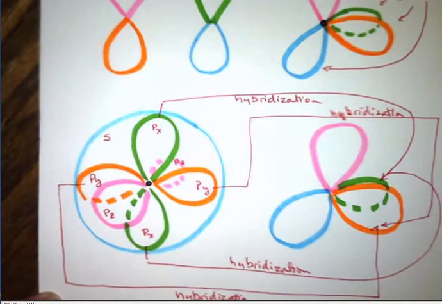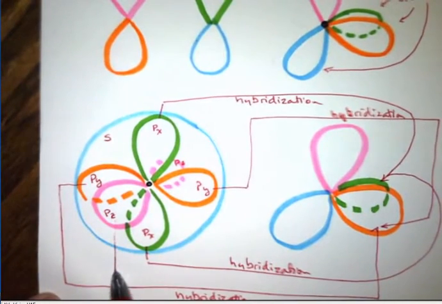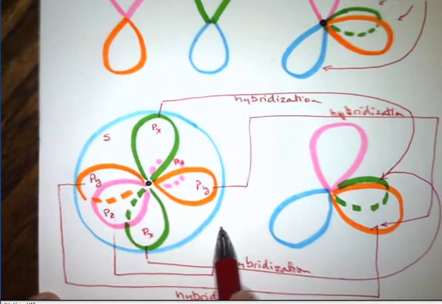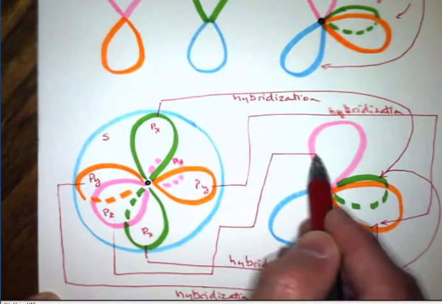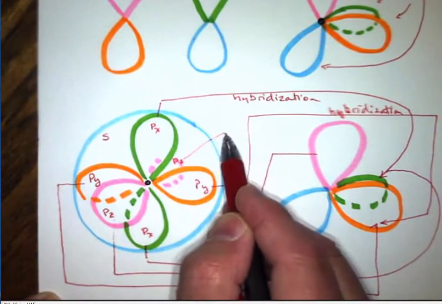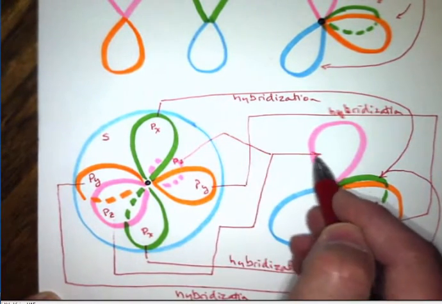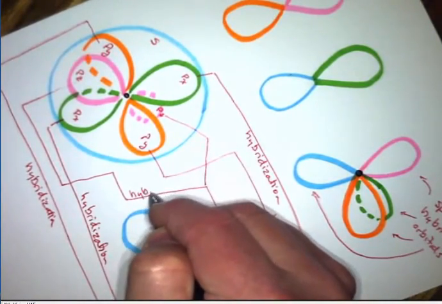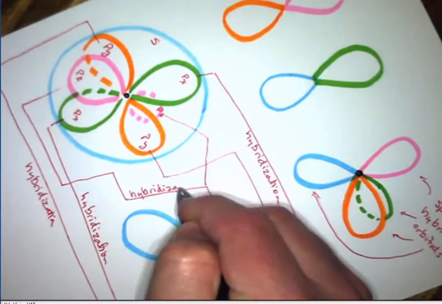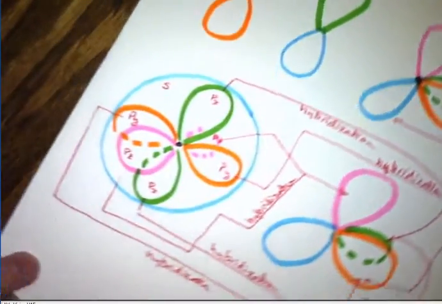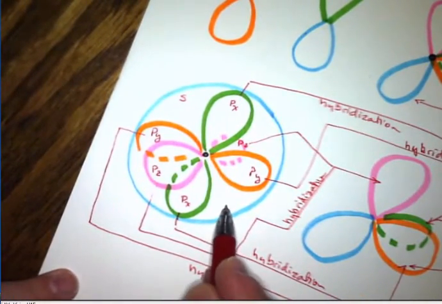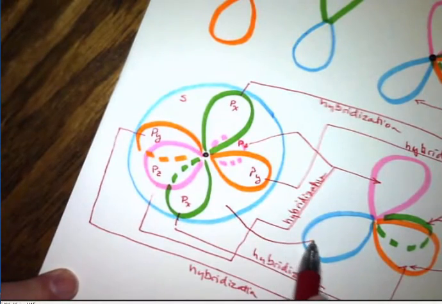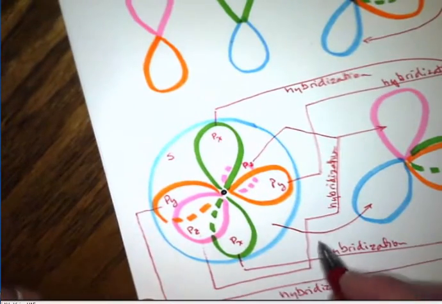Let's see now. I've got to do the pink one still. So the pink one represents a hybridization process. Just a little more from here. And the blue one's change from s to the hybrid orbital represents a hybridization process.